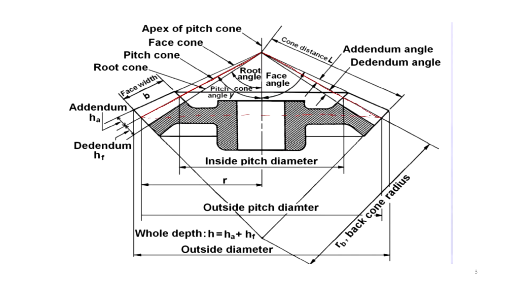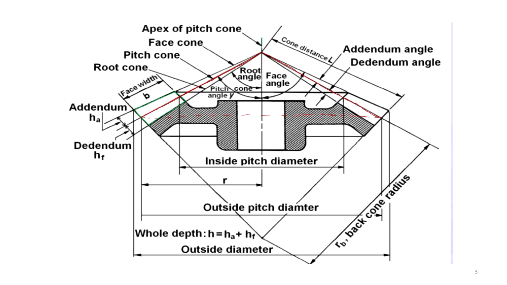Correspondingly, different nomenclatures are there. This is the big end of the gear tooth, and this one is the small end. When these two lines are extended, they meet at the apex of the pitch cone. So, different angles are there.